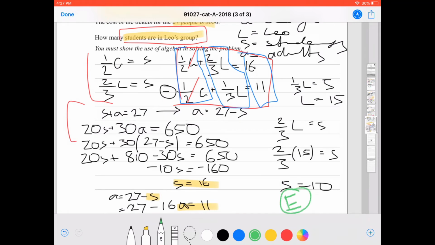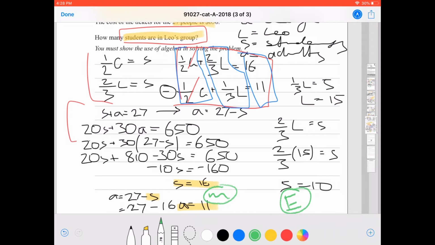Correct solutions of 10 students found using any valid algebraic method. And that's what we've done here. Your merit: simultaneous equations correctly solved, giving both solutions of A equals 11 and C equals 16. So here is your merit. And achieved, forming the equations, that's what the achieved is all about.